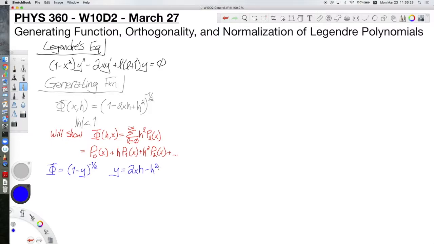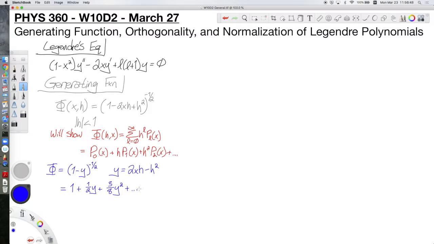Using our binomial series from way back in chapter 1, we can show that phi is equal to 1 plus 1/2 y plus 3/8 y squared, and so on.